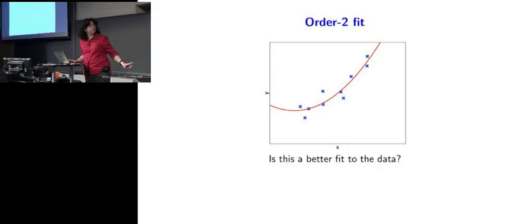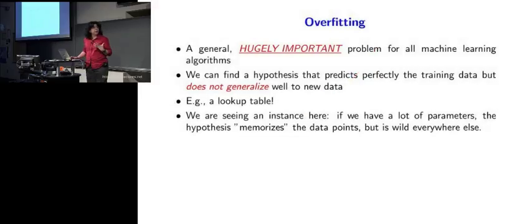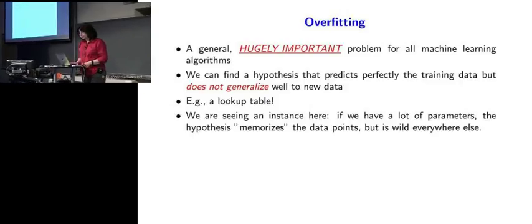The training error, in fact, is very good for these higher order fits where we're memorizing the data perfectly. And so this is something that we have to guard against. This is basically telling you that the training error is not a good objective function, and that we have to find a way to measure the true generalization of our hypothesis class.